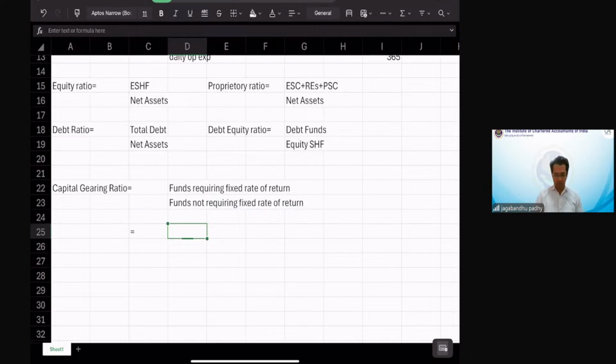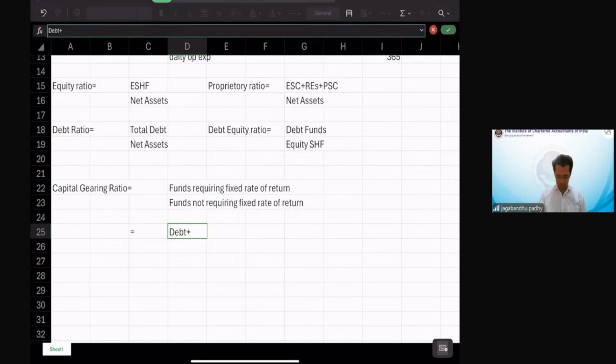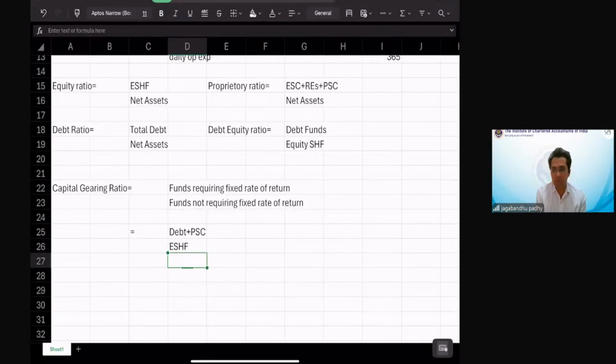Funds which require fixed rate of return, that is debt plus preference share capital, right? So these are the two types of funds that require a fixed rate of return. So this debt plus preference share capital, we divide it by funds which do not require fixed rate of return. That will be equity shareholders' funds. So high capital gearing ratio indicates higher risk for the company.